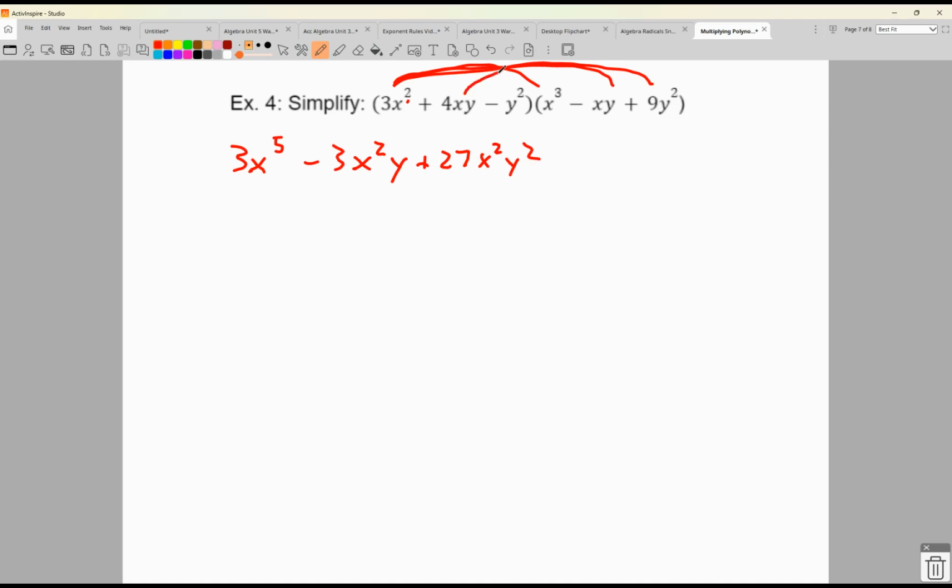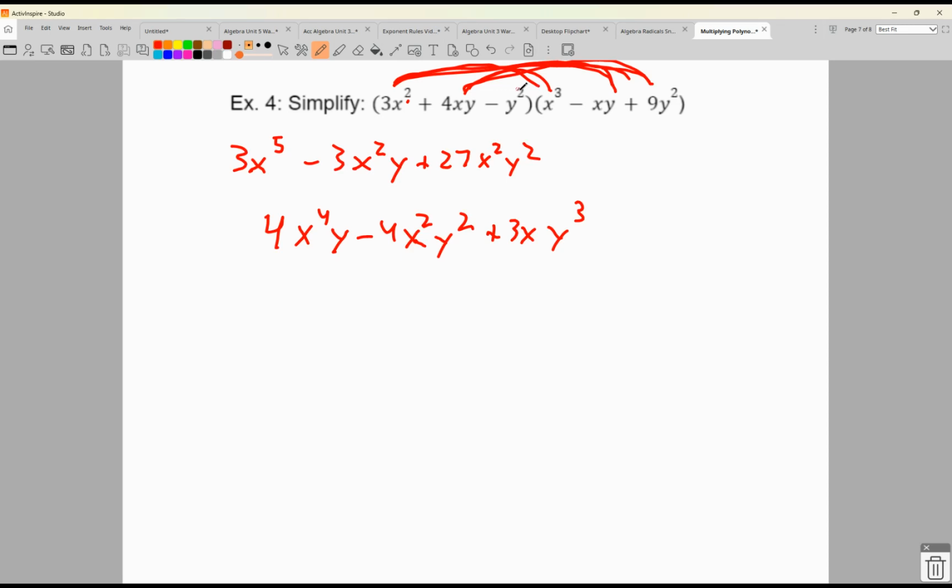Same thing with 4xy. I guess this is triple distributive property. 4xy times x cubed y is going to be 4x to the fourth y. 4xy times negative xy is negative 4x squared y squared. 4xy times 9y squared is going to be 36xy cubed.